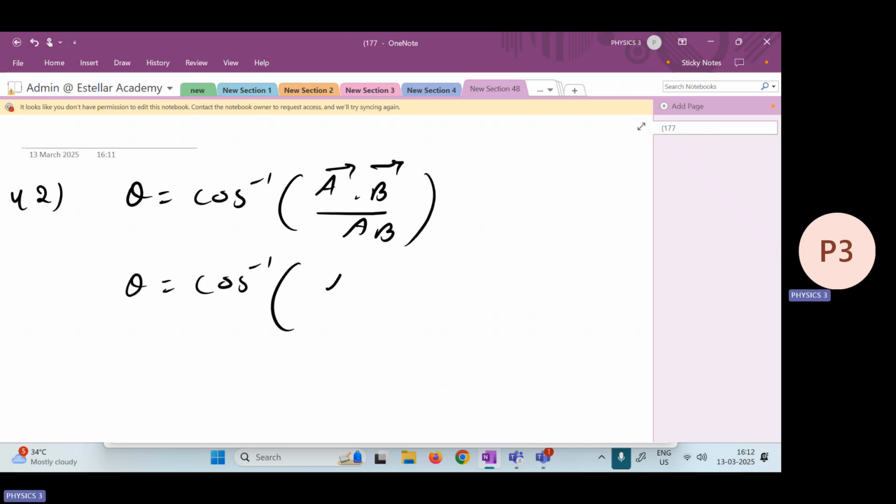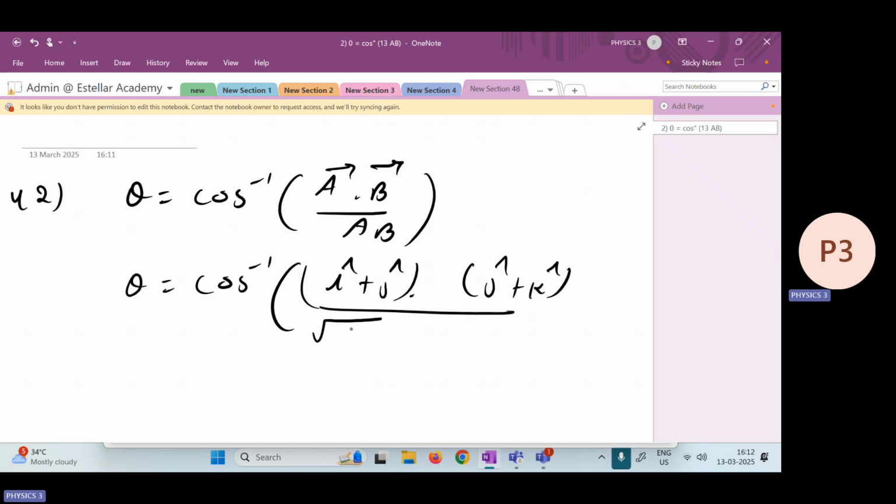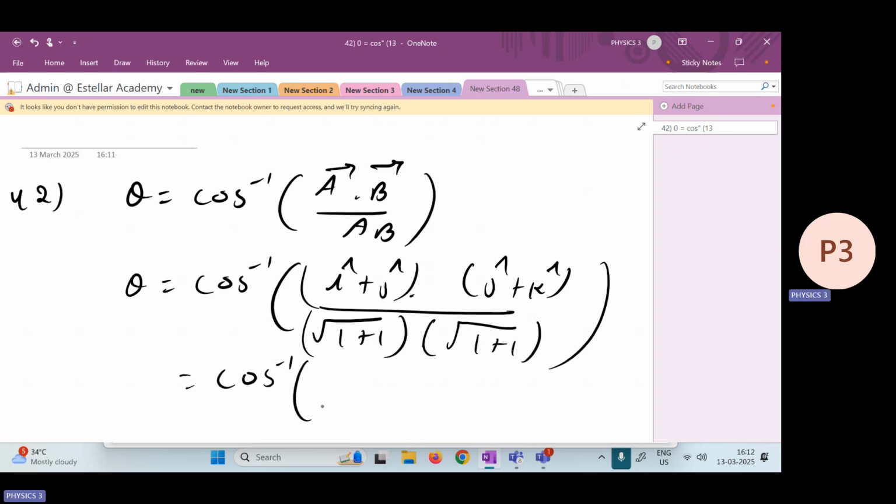So it would be i cap plus j cap dot j cap plus k cap. The magnitude of A would be under root 1 plus 1. The magnitude of B would be under root 1 plus 1. So it would be cos inverse. i cap dot j cap would be 0, i cap dot k cap would be 0, j cap dot j cap would be equal to 1.